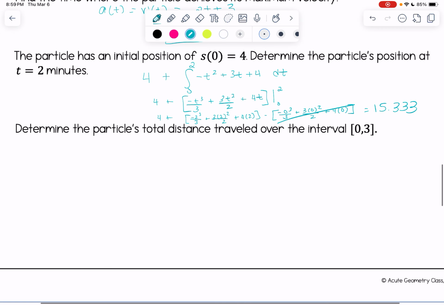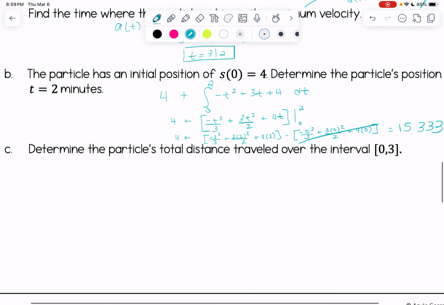All right, for part C, the last part here, it says determine the particle's total distance traveled over the interval 0 to 3. So just like we saw in question 3, we have to check to see where the particle changes direction. So that means we would be setting the velocity function equal to 0.